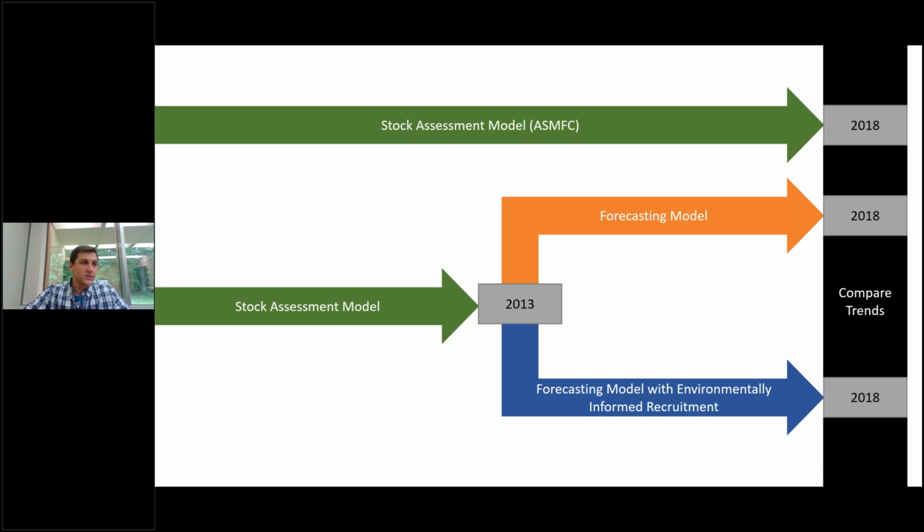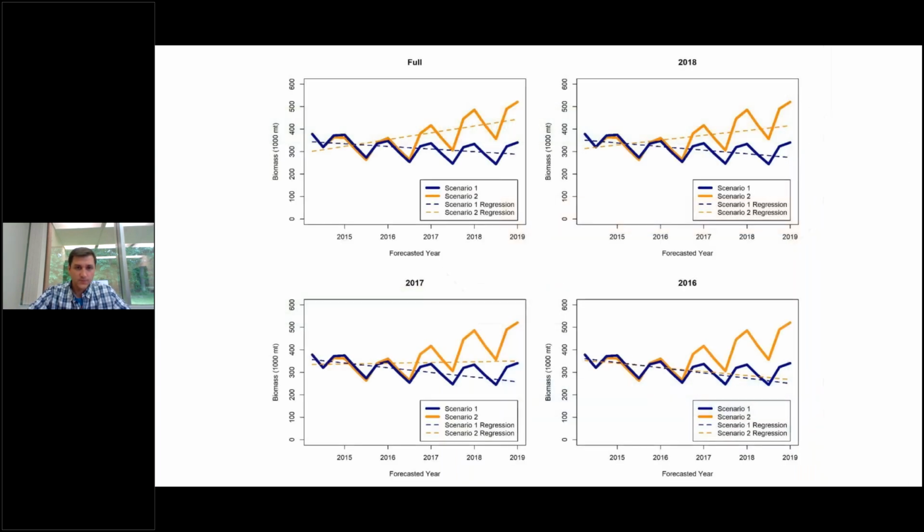But before we compare trends to those generated by the ASMFC, let's first compare projections between the two forecasting model runs. So here, the upper left plot shows the differences in trends. Seasonally, they appear similar, with rising biomass due to recruitment events and falling biomass due to increased fishing pressure and natural mortality.